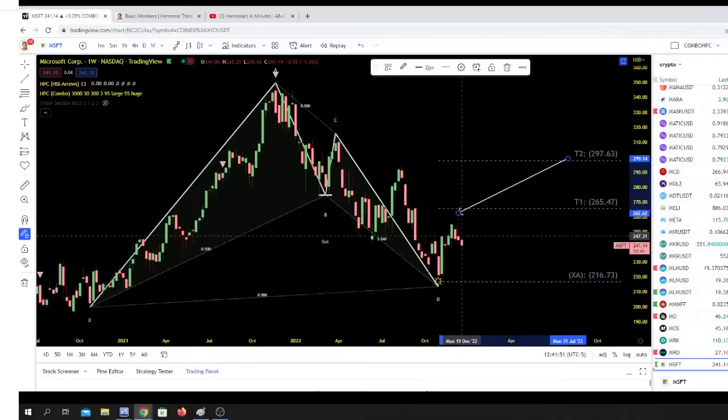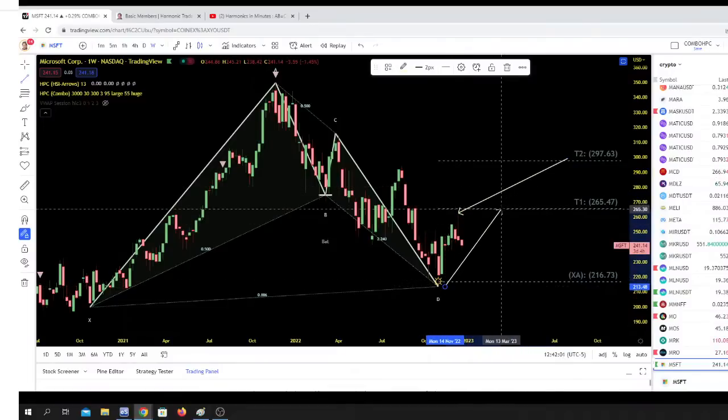I don't know if that had the extended hours. I'll have to take a look. 265.47 was the approximated target for a few patterns, not only this weekly pattern, and we almost hit it. I know we hit it in the aftermarket, 263.92.